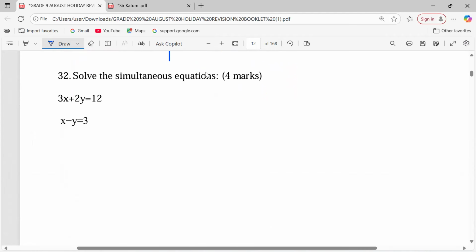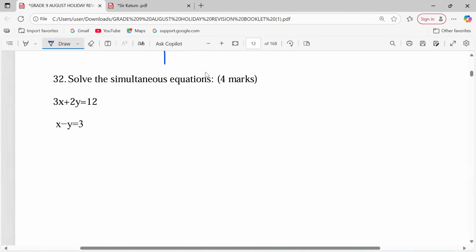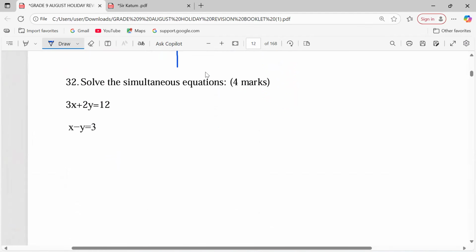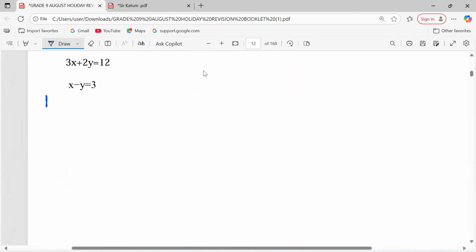Let's look at question number 32. Solve the simultaneous equations 3x plus 2y equals 12 and x minus y equals 3. We can use several methods here. One, we can use the elimination method.